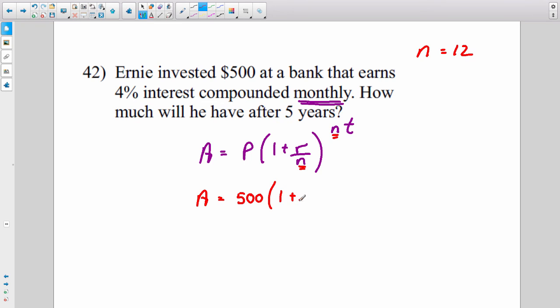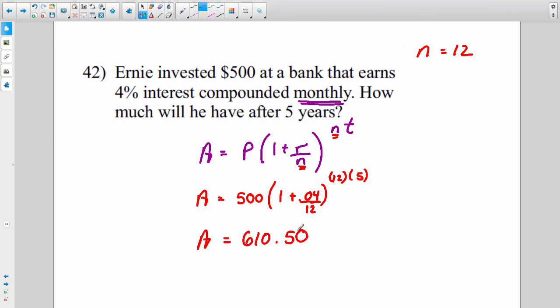If he was paying back a loan, it would be negative 0.04, right? How much will he have after 5 years? So that's going to be 12 over here, 12 over here, and then 5 for time. So when you do this in your calculator, you end up with $610.50.